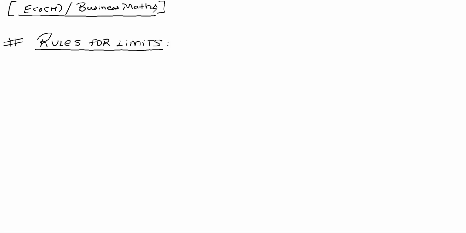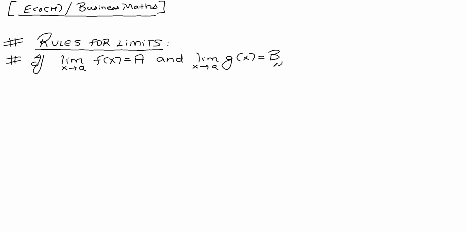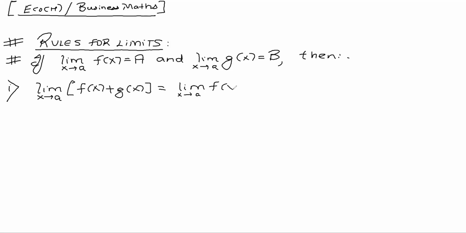Okay, so let's talk about the rules for limits. If limit as x tends to a, f of x is equal to capital A, and limit as x tends to a, g of x is equal to capital B, then rule number 1: limit as x tends to a, f of x plus g of x will be limit as x tends to a, f of x plus limit as x tends to a, g of x, which is nothing but A plus B. So what do we learn?